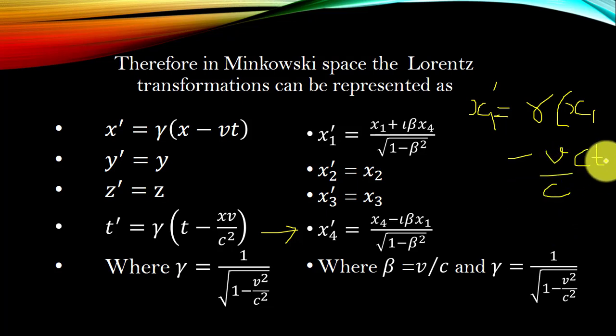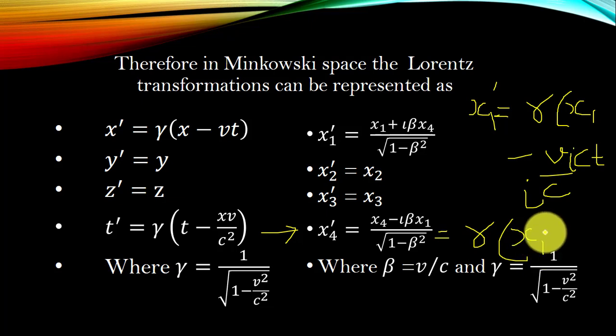So here, as you know, x4 is basically iota ct. So what I need to do, I need to multiply it by iota, and I will have to divide it by iota also. So as you know, 1 over iota is minus iota. So what I can write here is gamma into x1 minus 1 over iota will become minus iota, and minus minus will become plus.